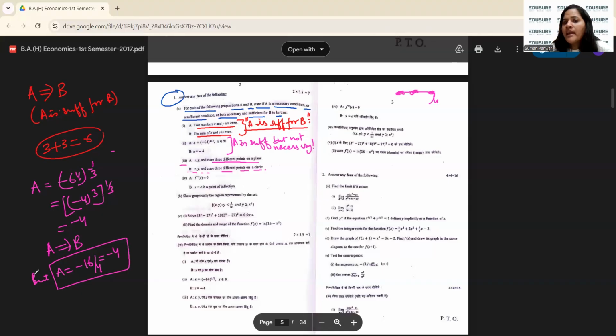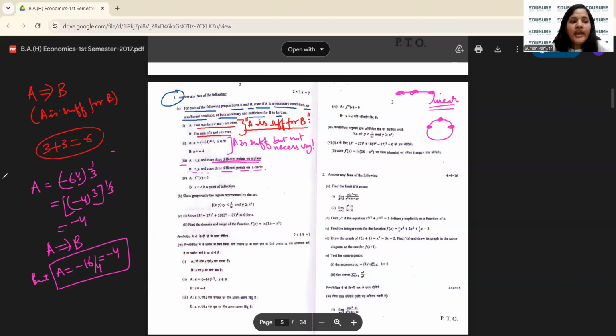We will be having a linear kind of a condition. So it is not necessary that when 3 different points are on a plane, they will definitely be on a circle. That's not necessary because on a circle, we will have a situation like this. Okay. So on a circle, these 3 points cannot be on a circle if they are on a line. So therefore, A is not sufficient for B.